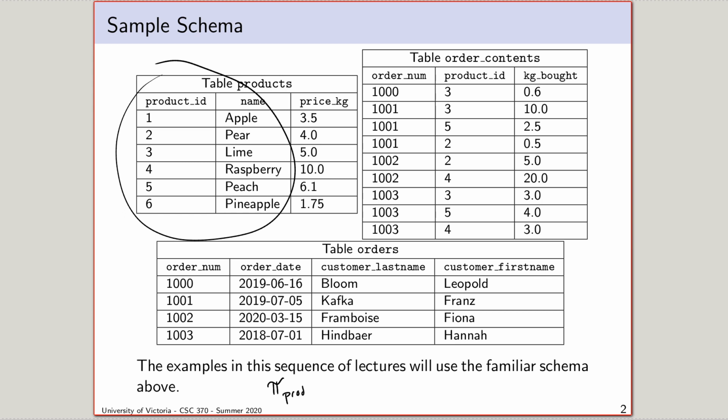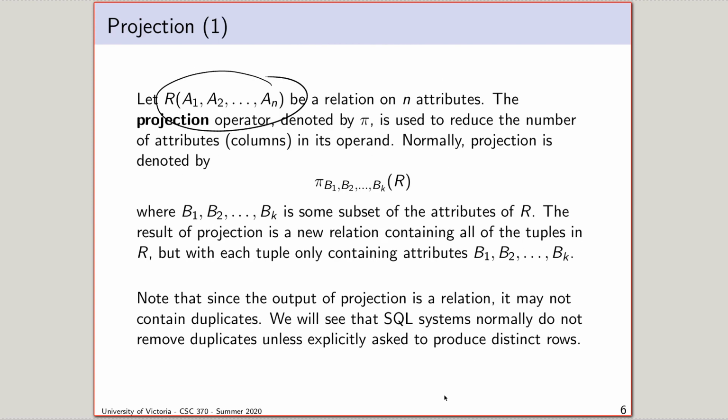So I say I want product ID and I want name. And then the argument to the operator is the products table. So I've done a projection, and what I get would be what I've circled up there: a new relation whose attributes are product ID and name.